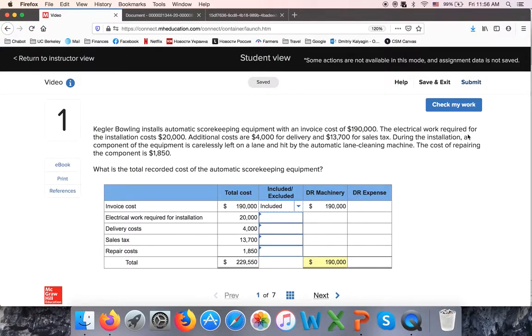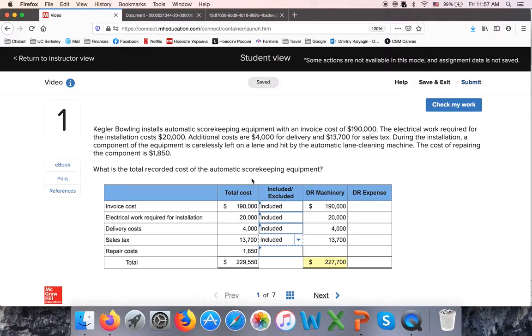The electrical work required for the installation costs $20,000. Well, if I don't conduct this work, I cannot use this piece of machinery, so I include it. It's not an expense. It becomes a part of the asset. Delivery costs. I have to pay for delivery. If I have to pay, it's included in the cost of machinery. Sales tax, included in the cost of machinery. And then during the installation, a component of the equipment is carelessly left on a lane and hit by the automatic lane cleaning machine.